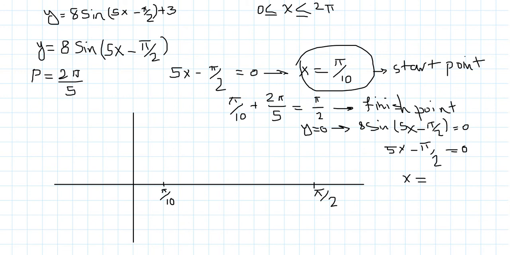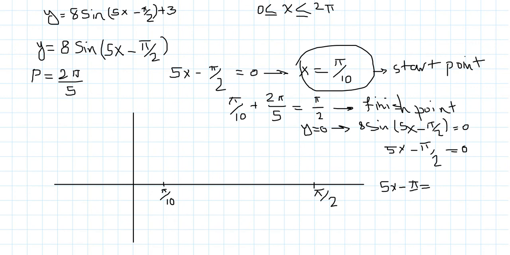So at which point is sine 0? Sine is 0 at the points 0, pi and 2 pi. So one time 5x minus pi over 2 is 0. One time 5x minus pi over 2 is pi.